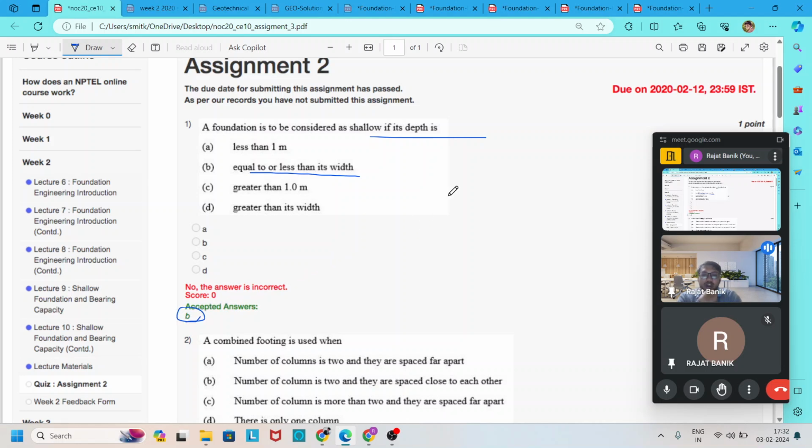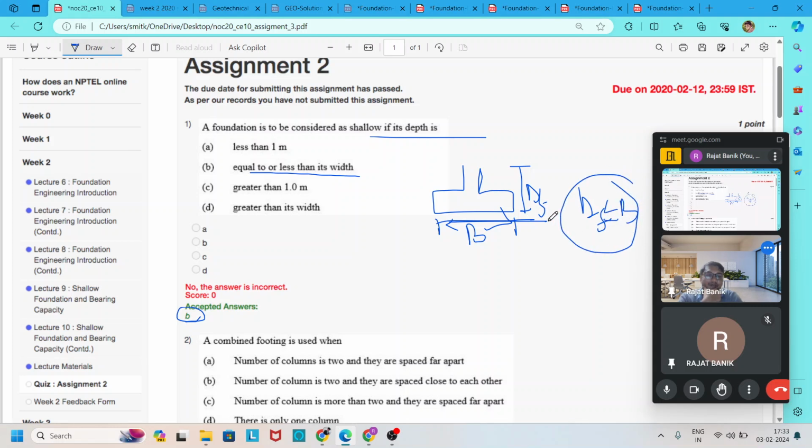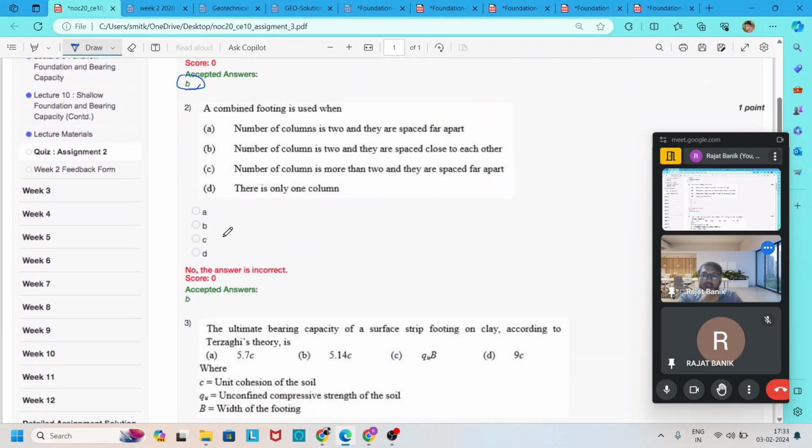The correct option is B. We know that Terzaghi has given that a foundation is shallow if the depth of the foundation Df is less than or equal to the width of the foundation B. So our correct answer is option B.